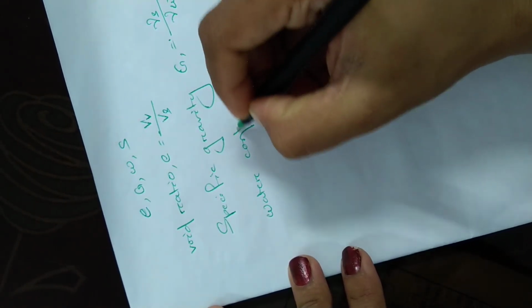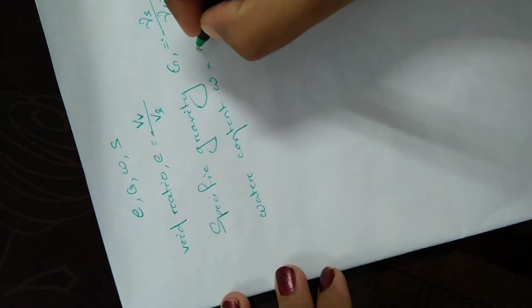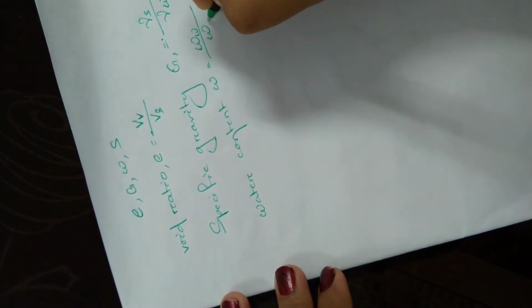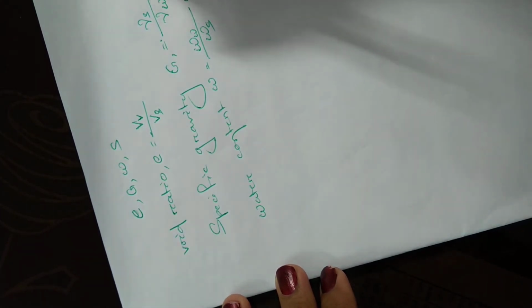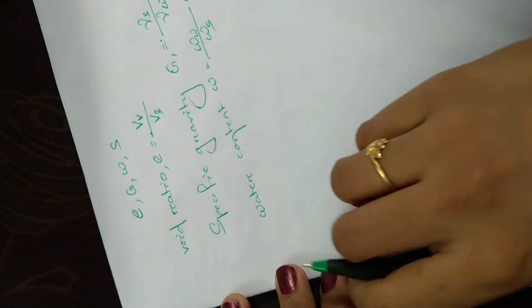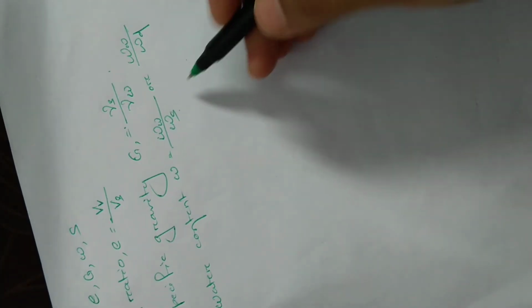So water content W is equal to weight of water by weight of soil. We can also write it as WW by WD. Weight of soil is symbolized as Ws or WD.